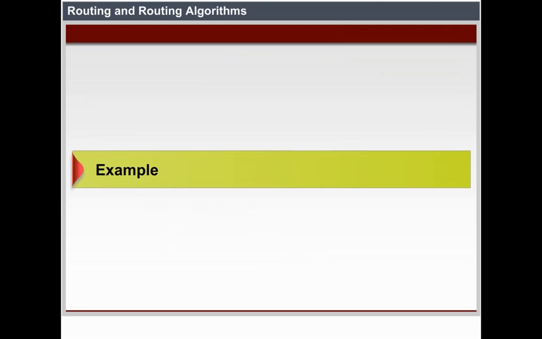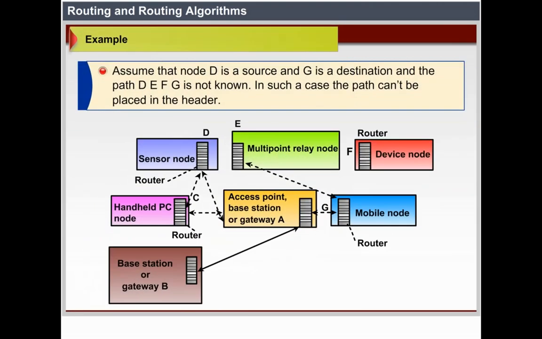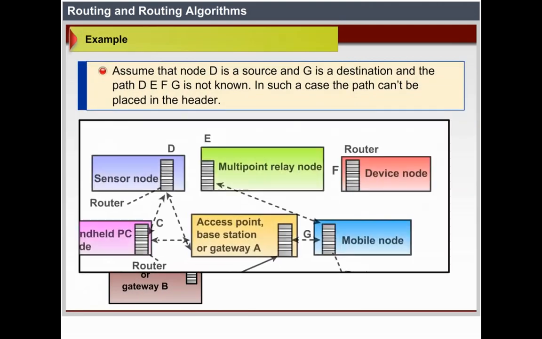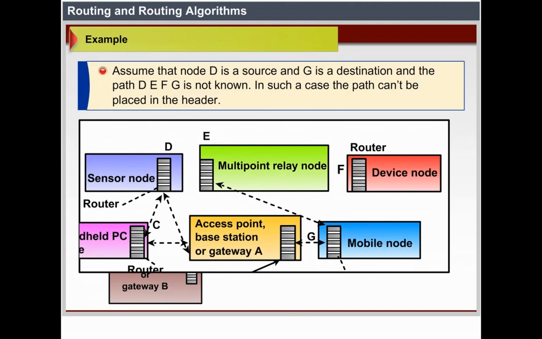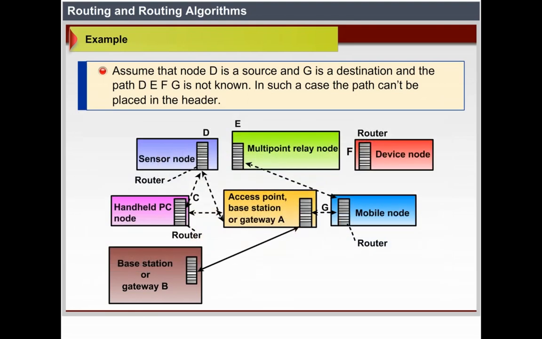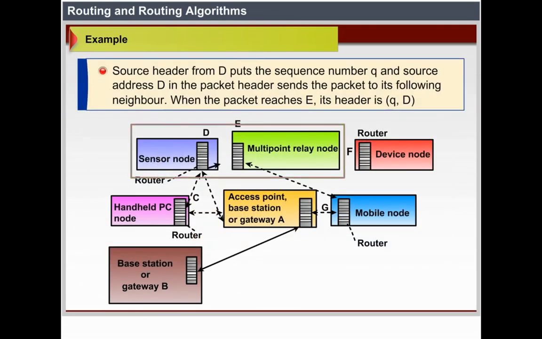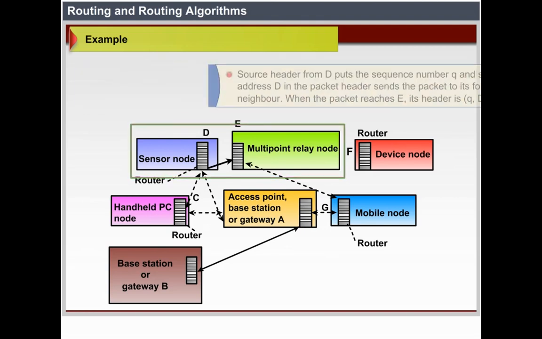Example: assume that node D is a source and G is a destination, and the path D, E, F, G is not known. In such a case, the path cannot be placed in the header. The source header from D puts the sequence number Q and source address D in the packet header and sends the packet to its next neighbor. When the packet reaches E, its header is QD.